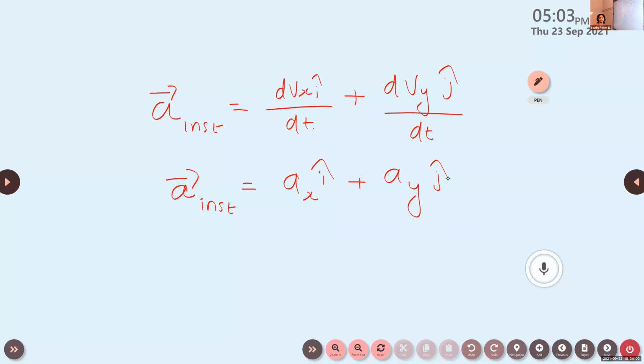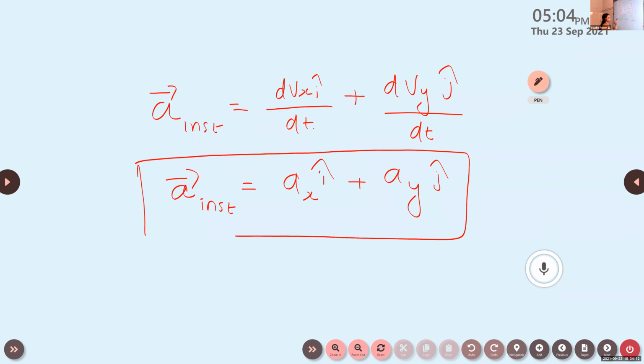So instantaneous acceleration vector is equal to Ax i cap plus Ay j cap. Same as that of average velocity and instantaneous velocity, using the same concept we write the equations for average acceleration and instantaneous acceleration.